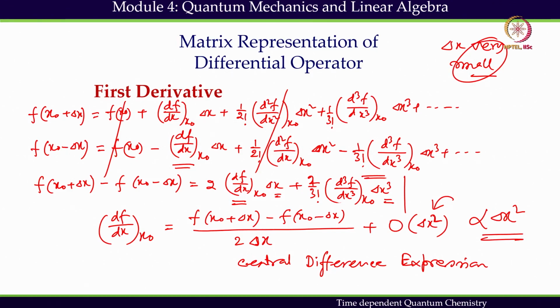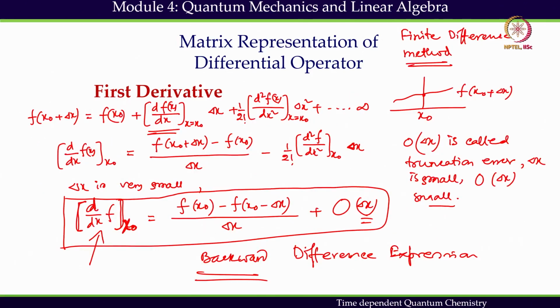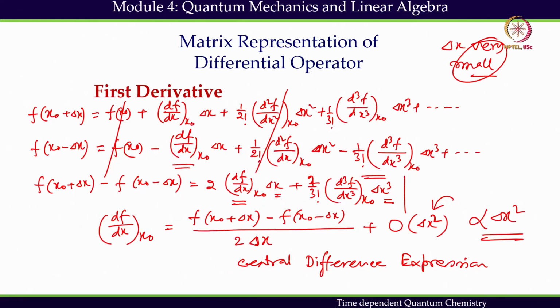Previously, in the forward difference and backward difference, both errors were linear. So it will drop linearly, but here it drops quadratically, drastically. That is why it is a better approximation. So, the central difference expression is a better approximation for doing this derivative.